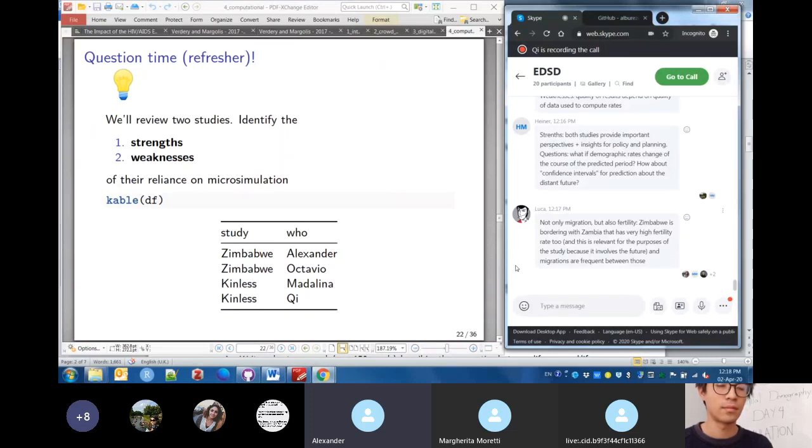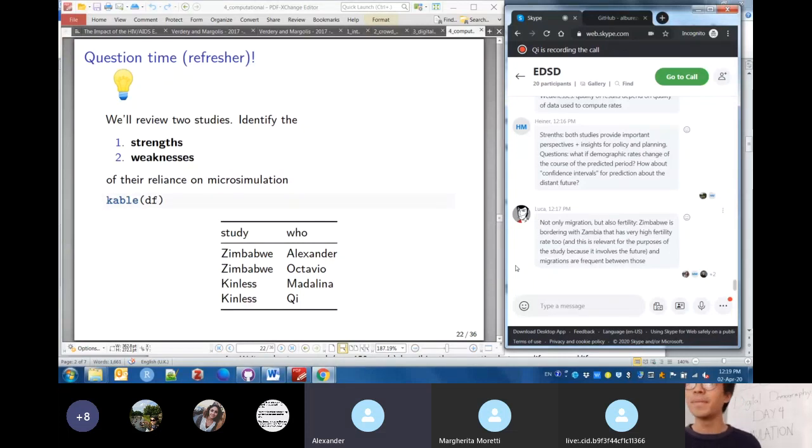But I guess that in the case of Zimbabwe, it's very difficult to do because of lack of data, first of all. And consequently, it also increases the degree of uncertainty concerning the outcomes of the simulation, I think.